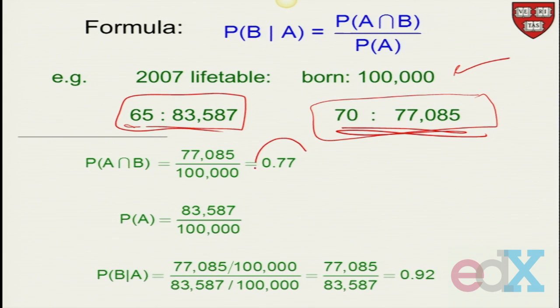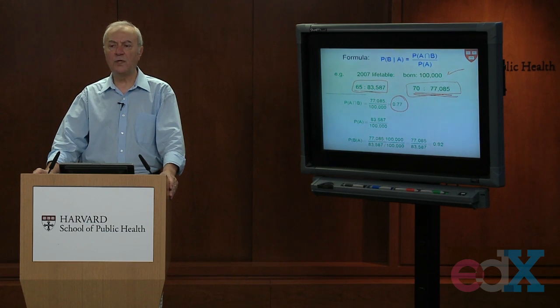Then the probability of A and B. Now remember, A and B is reach 65 and reach 70, which is the same as reaching 70, is these guys. So that's 0.77. So 77% of all babies born in this construct, this fictional cohort that we set up in 2007, 77% of those people will reach age 70.